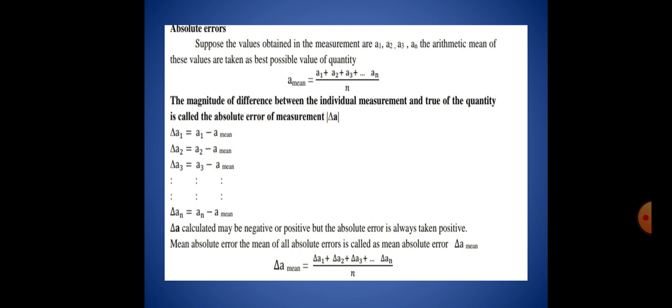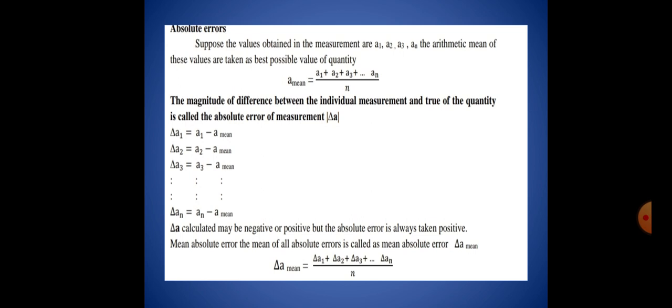Now consider that you are performing an experiment and it has been told to you to take 5 measurements for the experiment. Now suppose the values which you have obtained for the measurements are A1, A2, A3, A4 and A5. Now up till n readings also you can take. So मान लो कि your last reading is An.